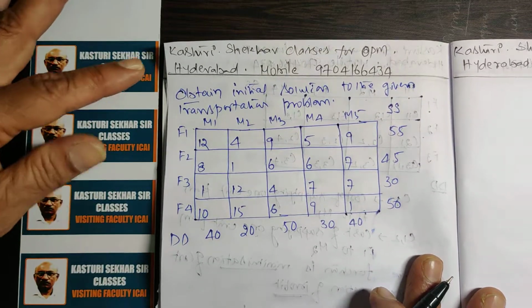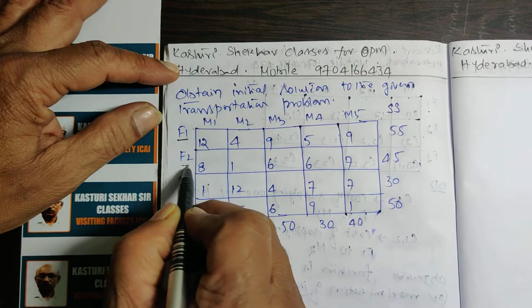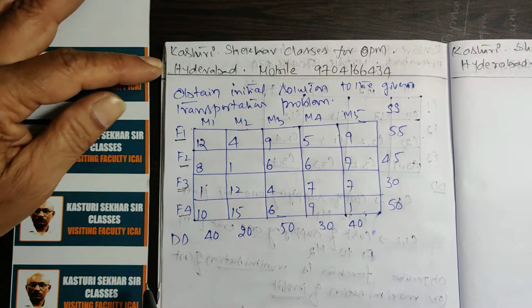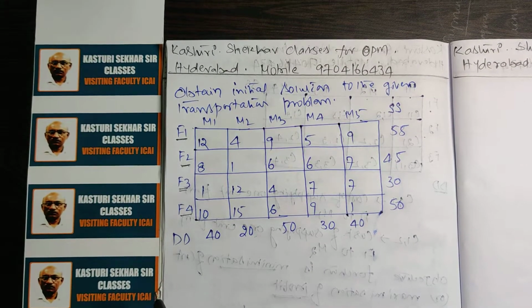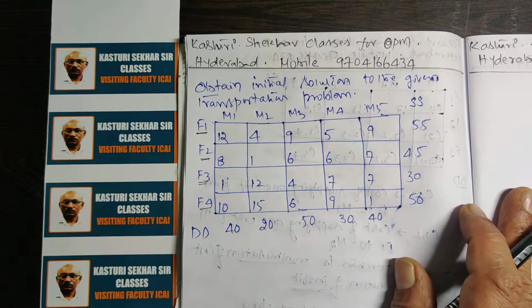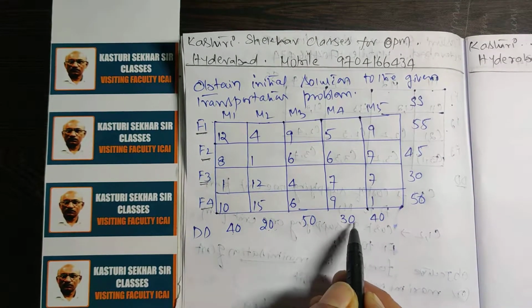Now look at the question once again. There are 4 factories given in the question. And how many markets do we have? 5 markets: M1, M2, M3, M4, M5. Demand at each market is given.